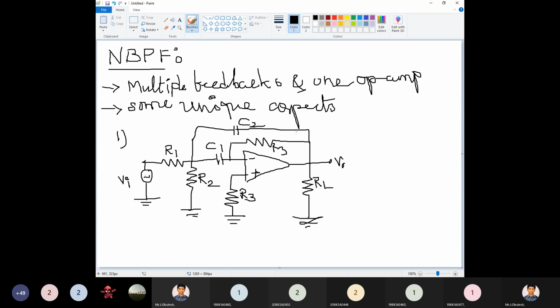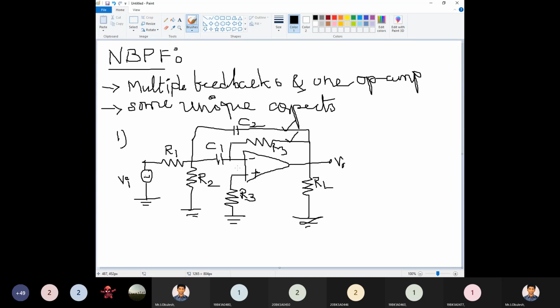So in this we have two feedbacks. One feedback is connected with the help of the feedback resistor. One more feedback is through C2, with the help of the capacitor. And here we are using inverting mode. How can you say that it is in inverting mode?